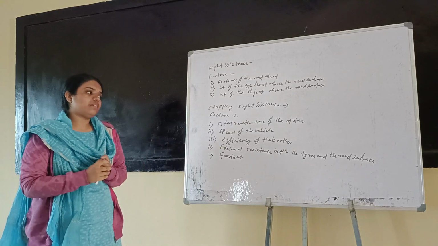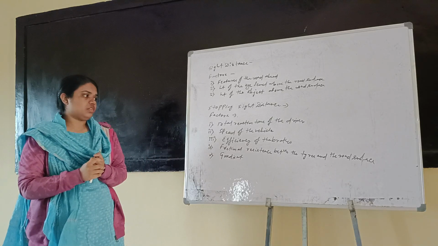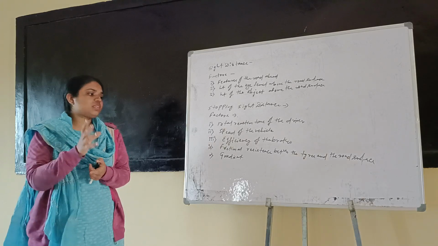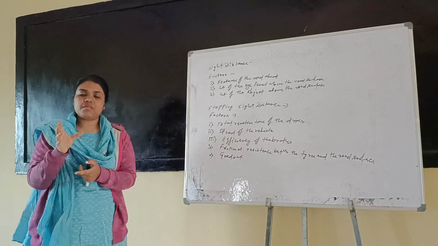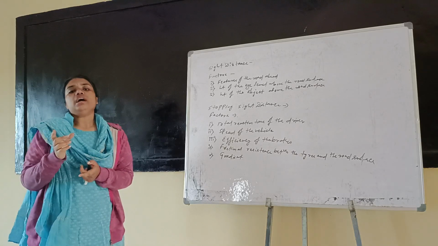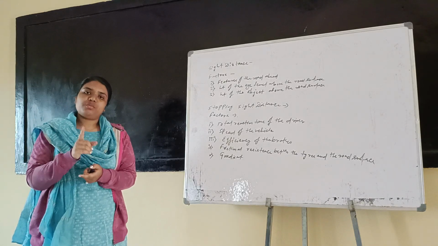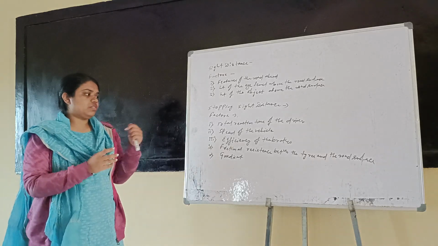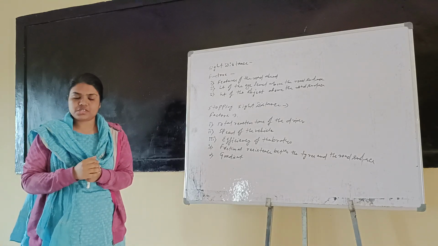Next one is the frictional resistance between the tires and the road surface. Now what is frictional resistance? There should be particular norms. According to the norms, IRC has given about 0.35 to 0.40 as the frictional resistance, and it is a longitudinal friction.